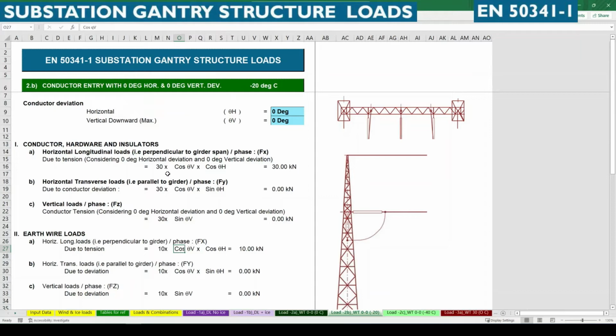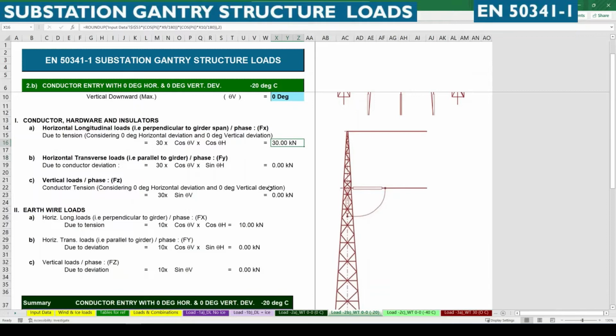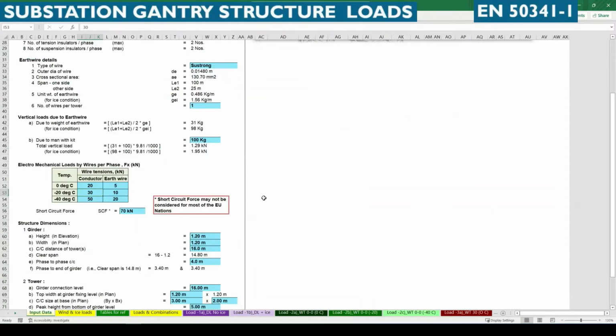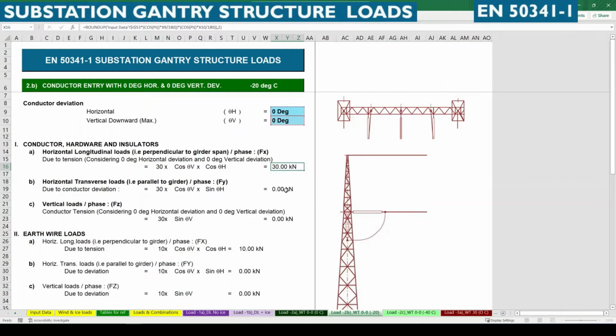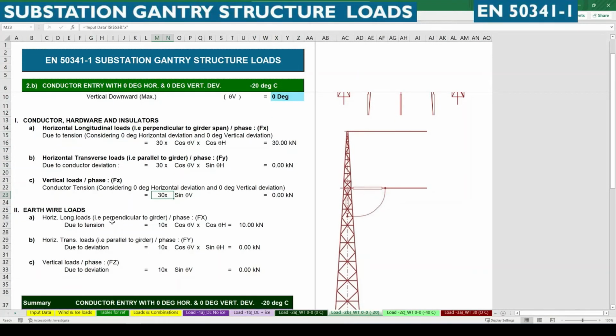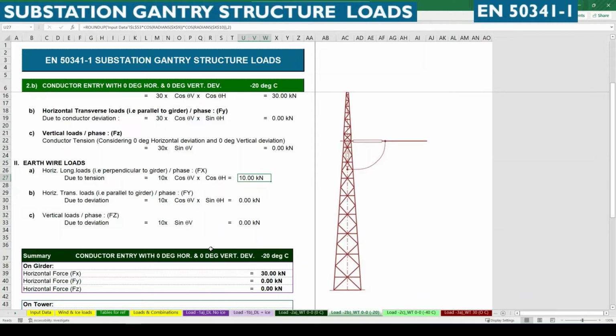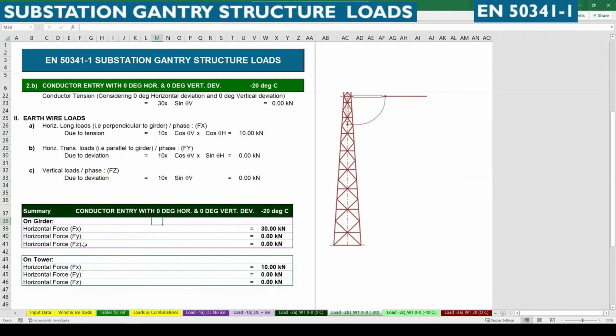Here also we can consider only the horizontal longitudinal force Fx, similar to the last load case we saw. The only thing is the value we consider is for minus 20 degree Celsius. Similarly for the earth wire load, we have only 10 kilonewton for minus 20 degree Celsius. There is no Fy and Fz. These are the summary for the same.